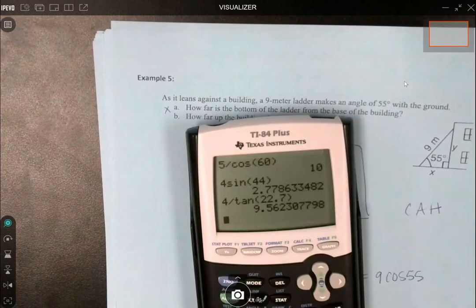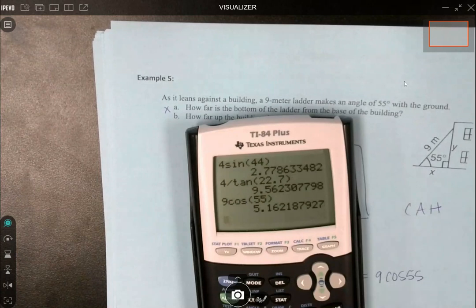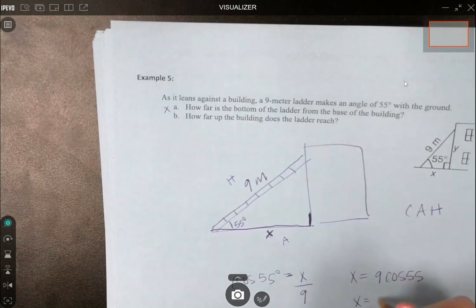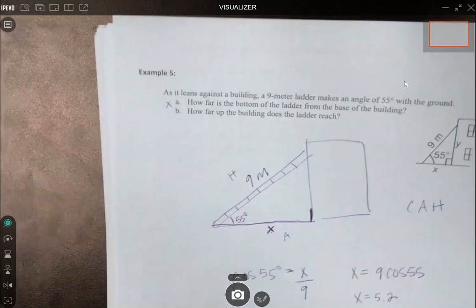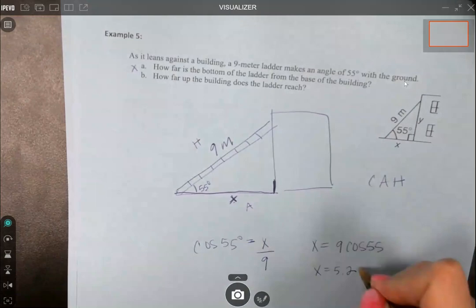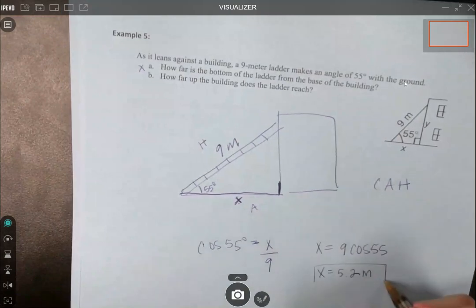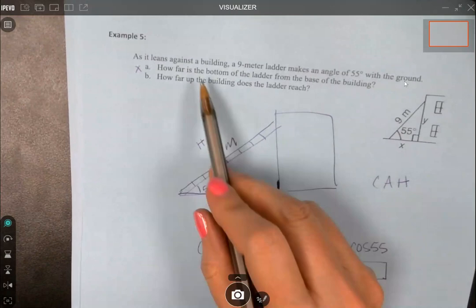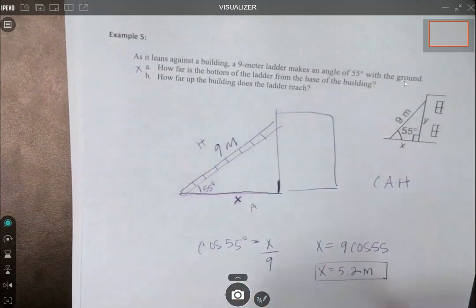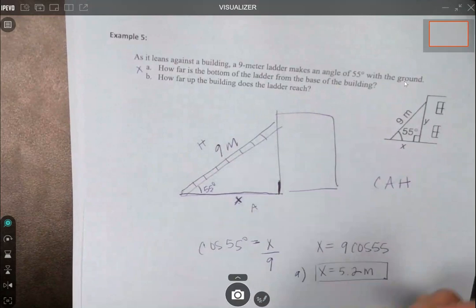And we put that in the calculator. Okay, this one is also going to round up. Since 6 is bigger than the 5, it's halfway. So x equals 5.2. And now this time we're talking about a ladder and a house and distances. So let's say meters. Okay, so how far is the bottom of the ladder from the base of the building? It's 5.2 meters. So this is part A.